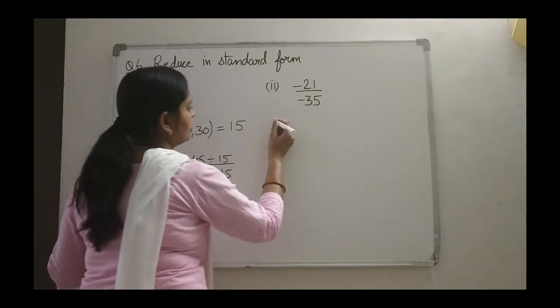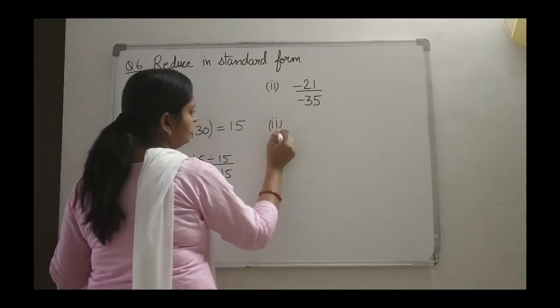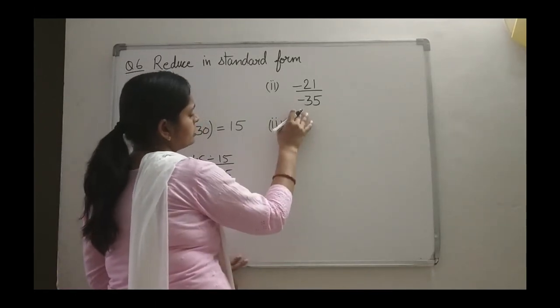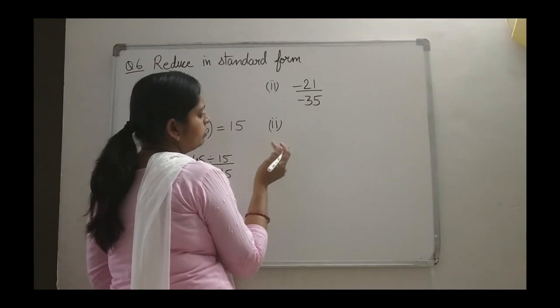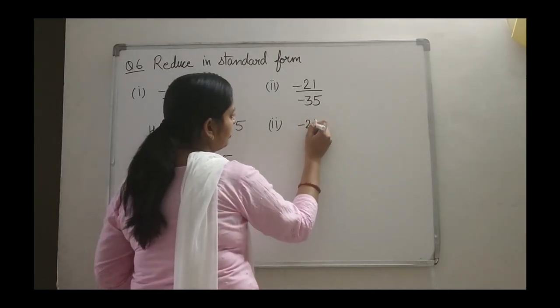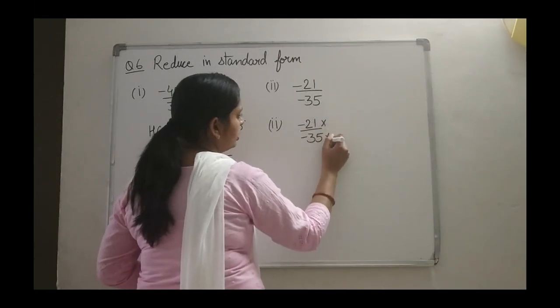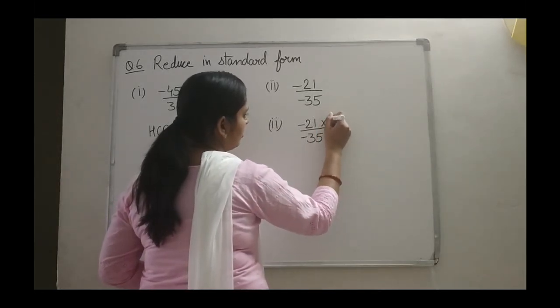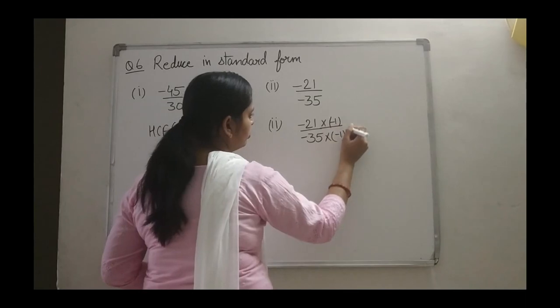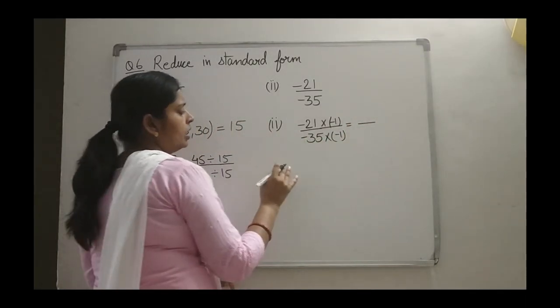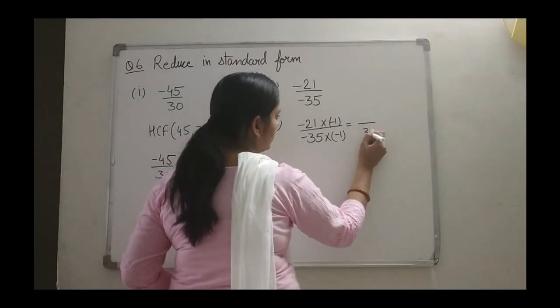See here for the second. Again you can see we have a denominator that is also given as negative. So first we have to make the denominator positive. How are we making it? By multiplying the numerator and the denominator by minus 1, we can make the denominator positive. Minus 35 multiplied by minus 1 will give you how much? 35.